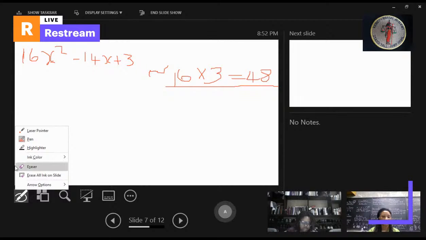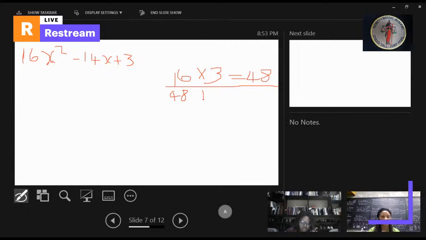Then we see what the factors of 48 are. Let's list out the factors of positive 48. We have 48 and 1. We have negative 48 and negative 1.